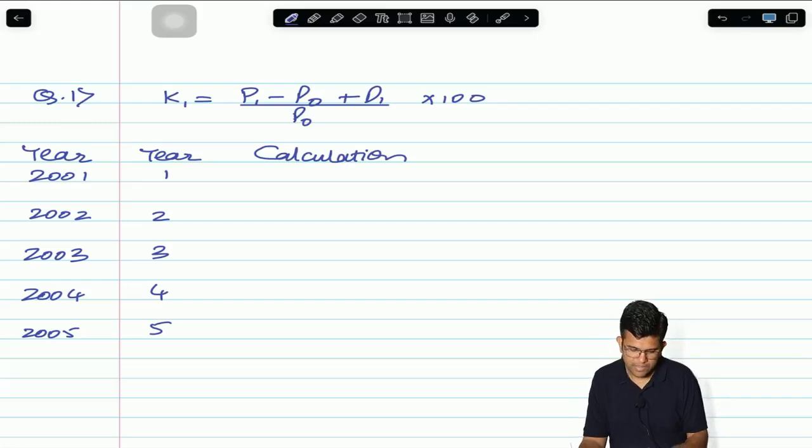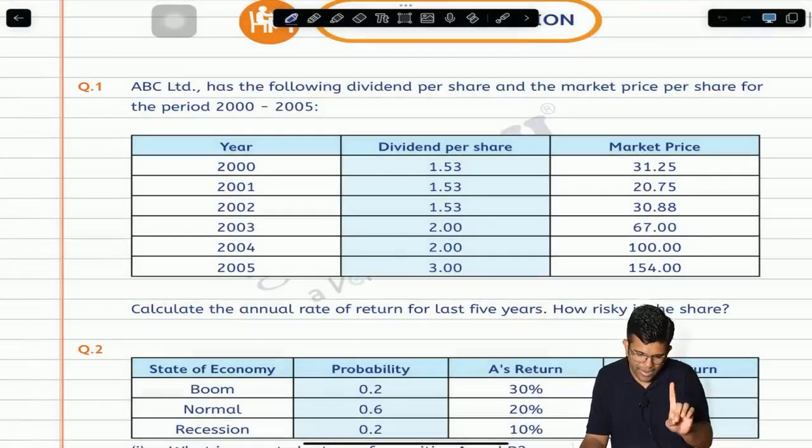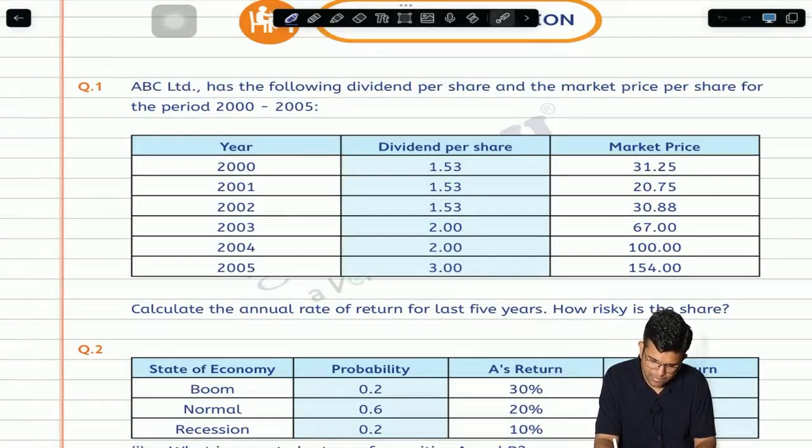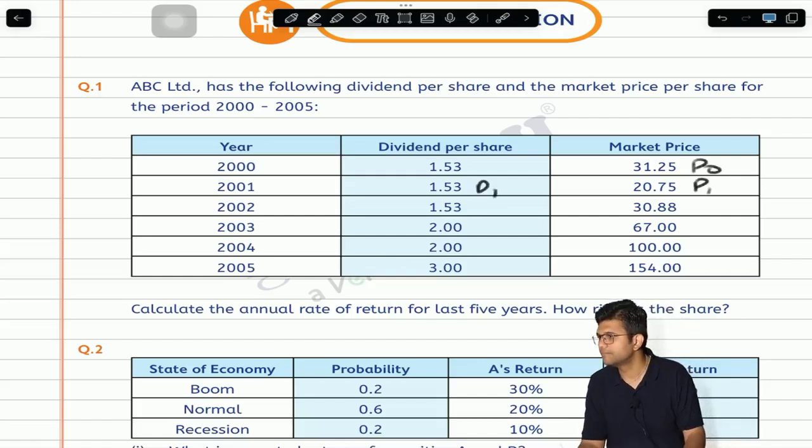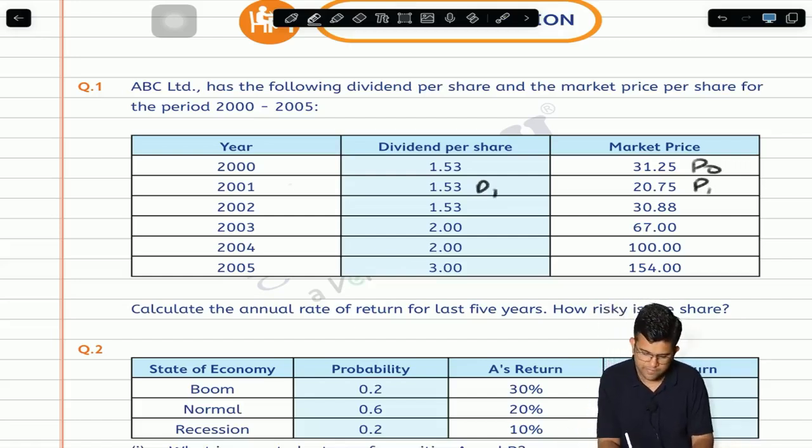Everybody please. For 2001, the return will be 20.75 minus 31.25 plus 1.53, the whole upon 31.25 into 100. Am I making sense? This is P1, this is P0, this is D1. This is year 1, no?